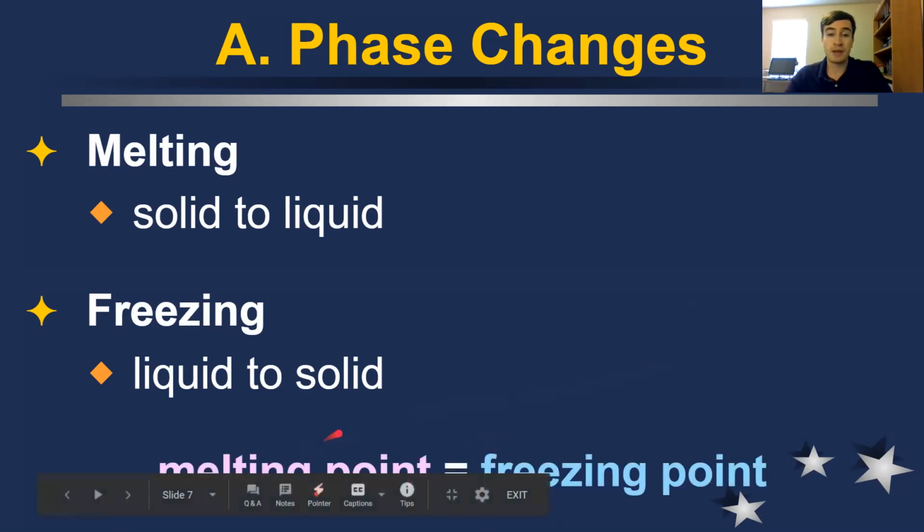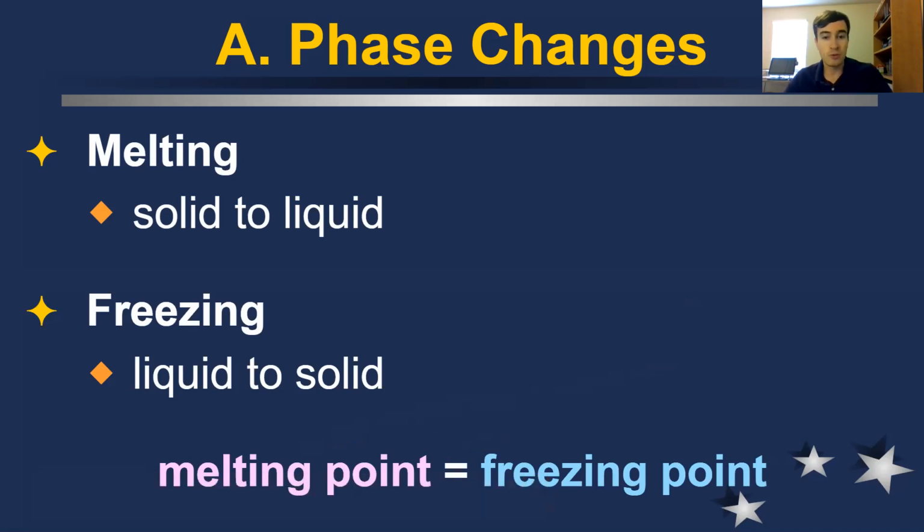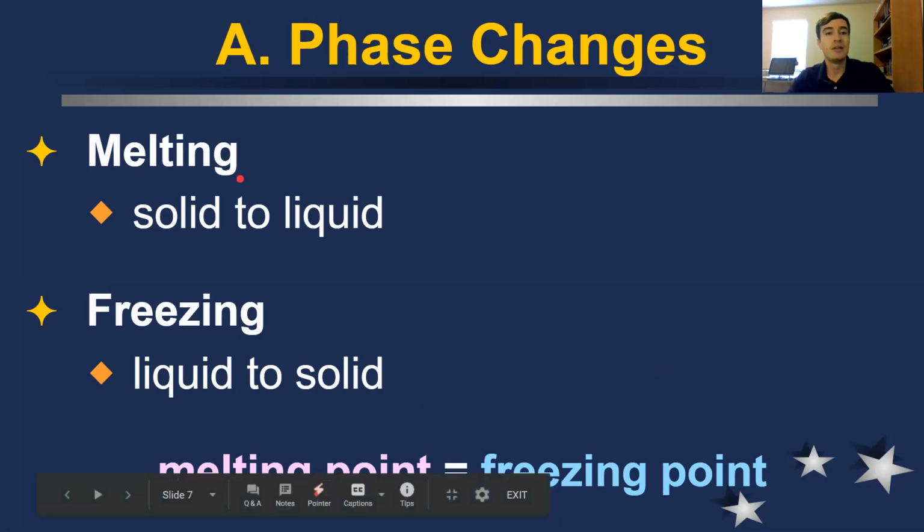So these happen at a certain temperature called the melting point or the freezing point. So for water, it's at 0 degrees Celsius or 32 degrees Fahrenheit. If you take a block of ice and slowly heat it up, after it passes 0 degrees Celsius, it'll start melting and turning into water.